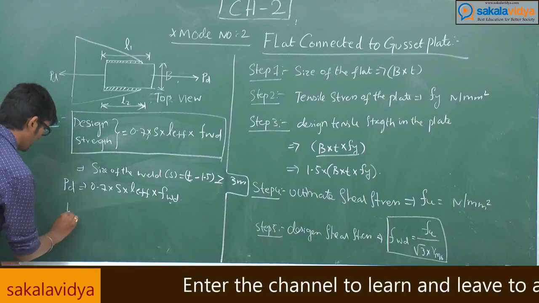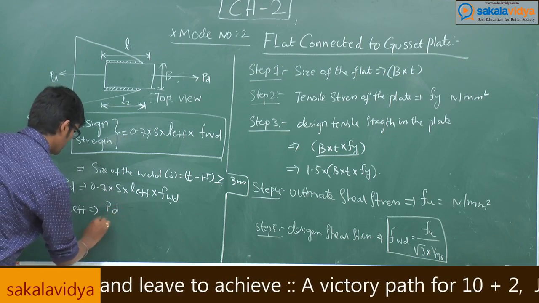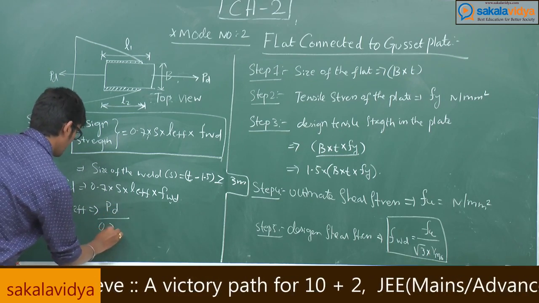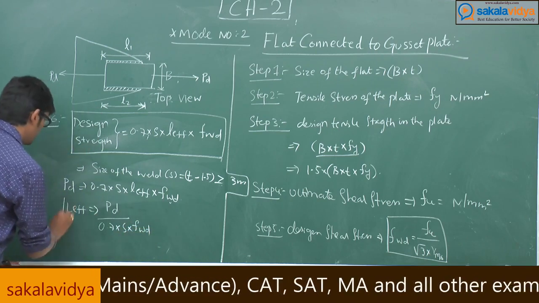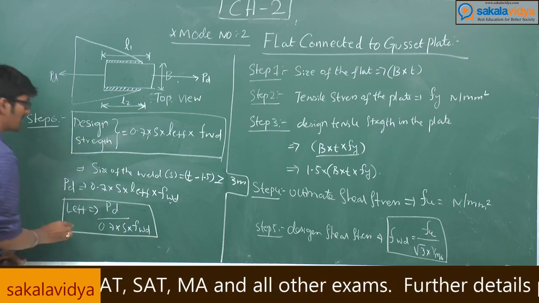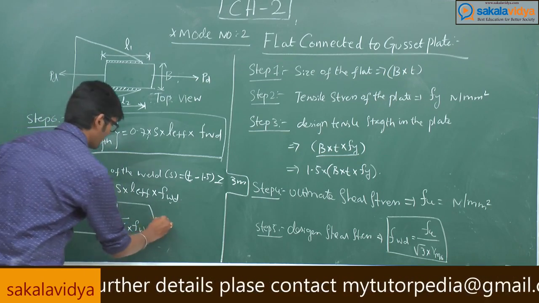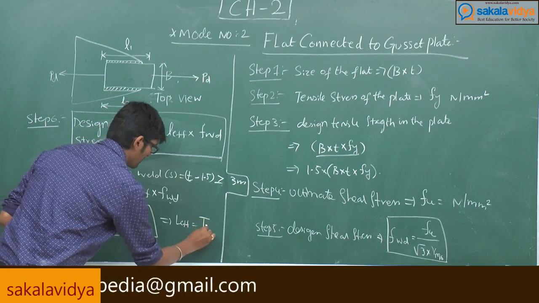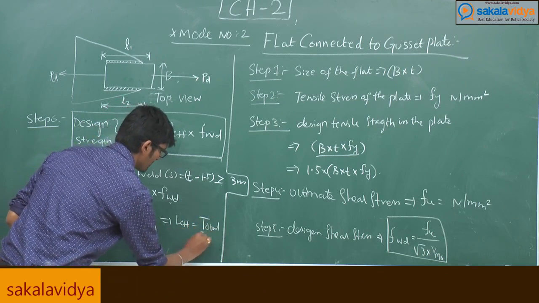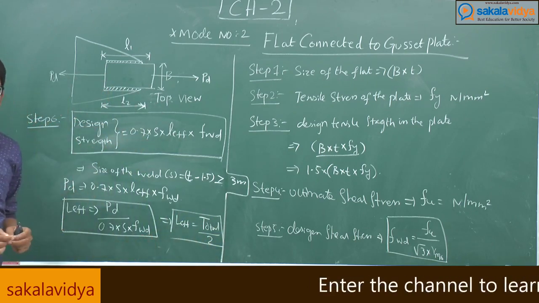So L effective is equal to PD by 0.7 into S into FWD. This is the total effective length. In order to find the single effective length, we take total effective length divided by 2. We get the effective length of a single weld.